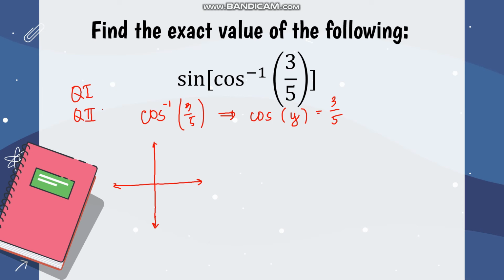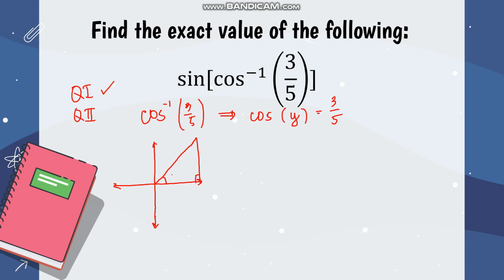But since the cosine given to us is positive, it's positive 3 over 5, that means this angle should be in the first quadrant, because the cosine in quadrant 2 is negative. So that means our angle should be in quadrant 1. So with that, we will draw a right triangle in quadrant 1.